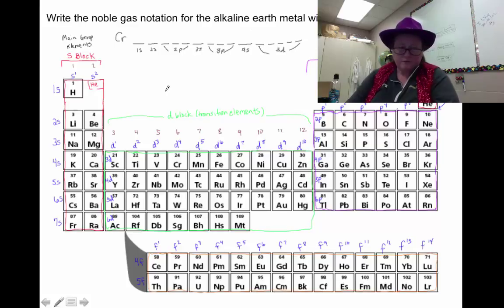So chromium, when I start putting my electrons on in the way that we always have, 1, 2, there are 24 electrons, 3, 4, 5, 6, 7, 8, 9, 10. Each orbital will have 1 electron before a second is added.